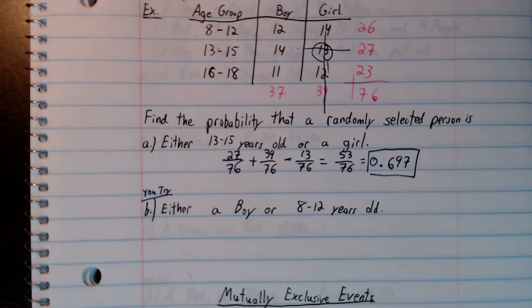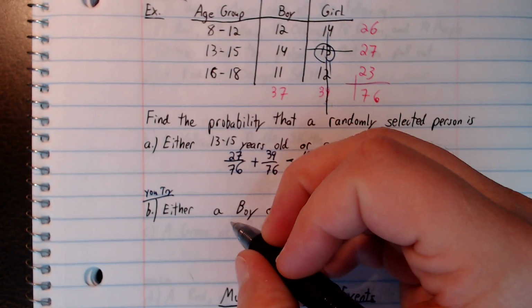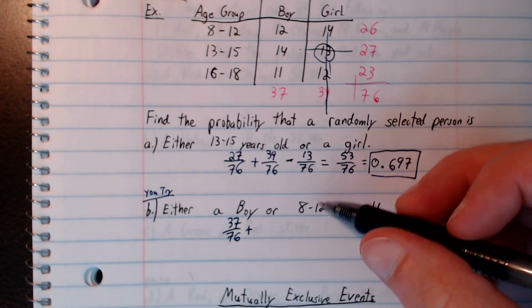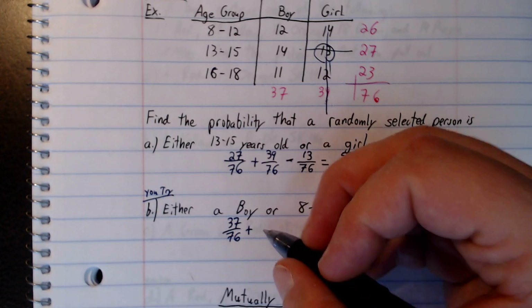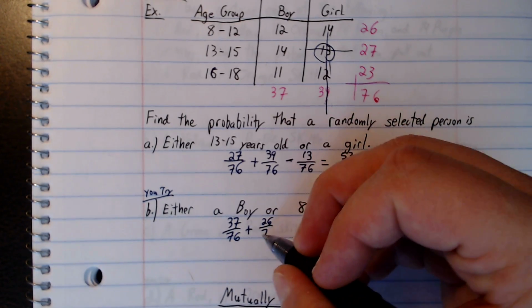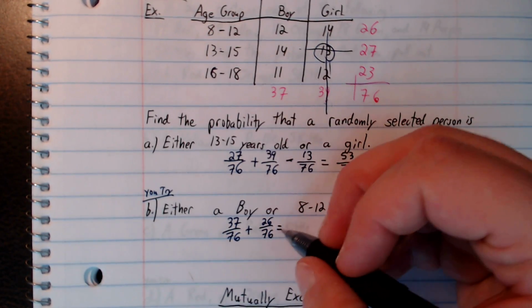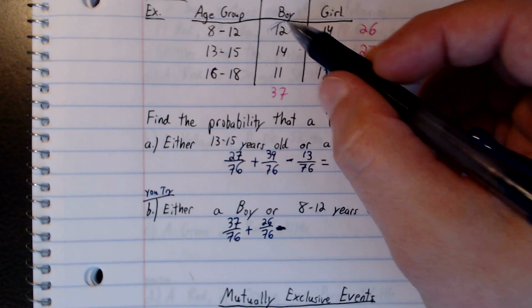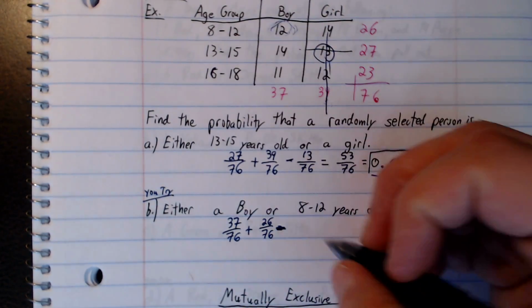So either a boy or 8 to 12 years old. So boys total of 37 out of the 76. The 8 to 12 age group is 26 out of 76. But the overlap here is the 12 boys that are in that age group.